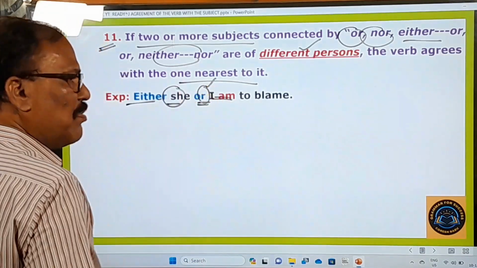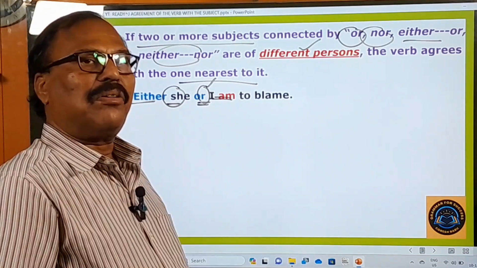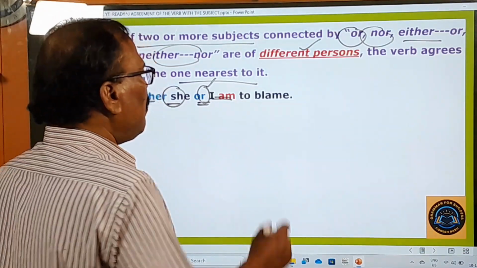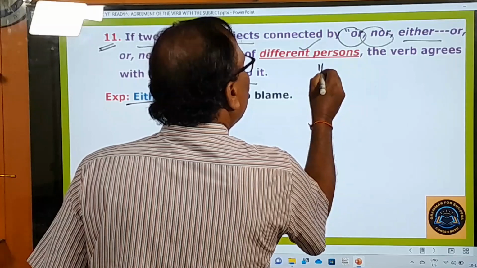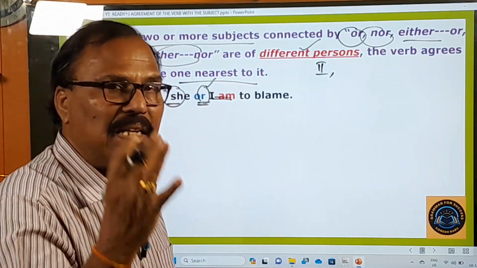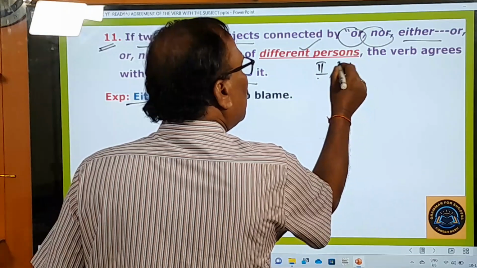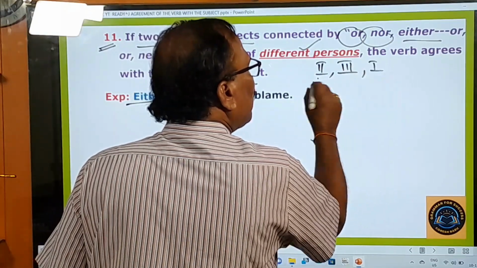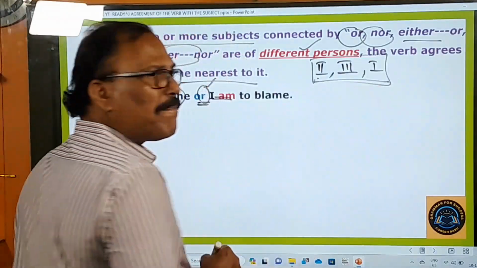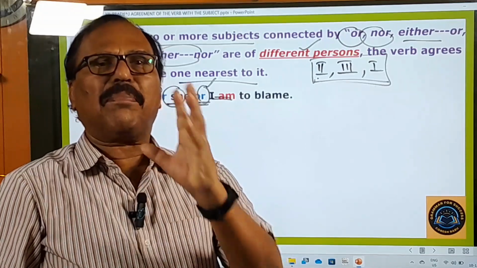Because I would like to tell you here one very important grammatical aspect. Good manners require that you should mention the second person first. Whenever you are talking about persons in the English language, you have to mention the second person first, then the third person next, then the first person last. Second person means the person spoken to.